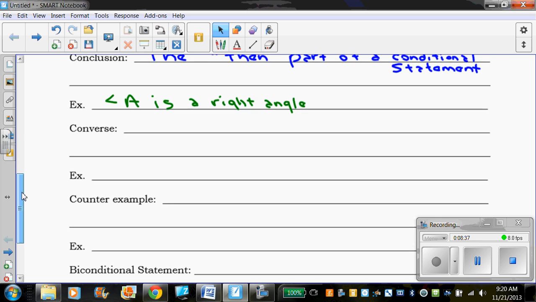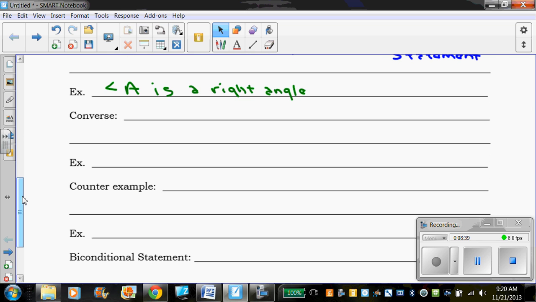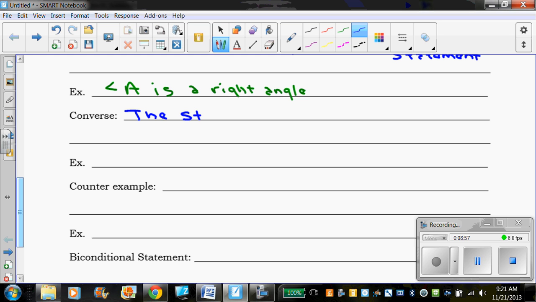Now the converse is the conditional statement after flipping, or let me just say this, it's the statement after flipping the if and then part of the conditional statement. That's a lot of words, but let me just kind of say it again. It's a converse if the statement has been flipped, essentially.